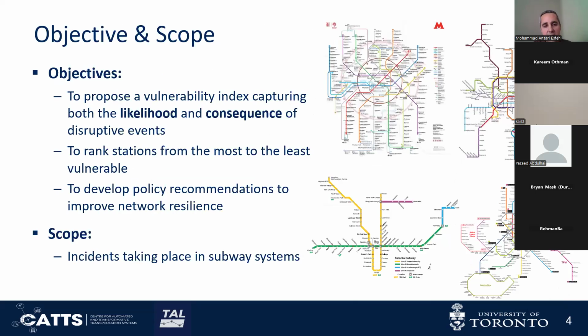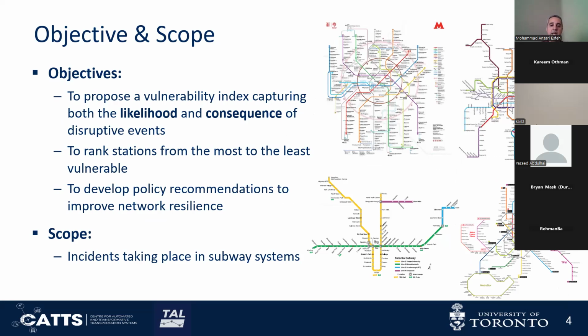This leads us to the objectives of this study. The first objective is to propose a vulnerability index that captures both the probability of a station failure and the consequences of disruptive events. Based on this measure, we are going to rank stations from the most to the least vulnerable.